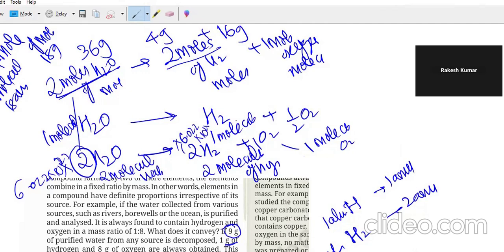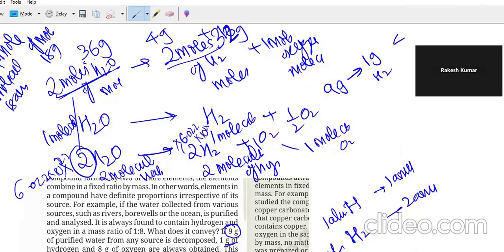So now if you divide this by 4, you will get 9 grams giving you 1 gram of hydrogen, and this is 32, sorry.